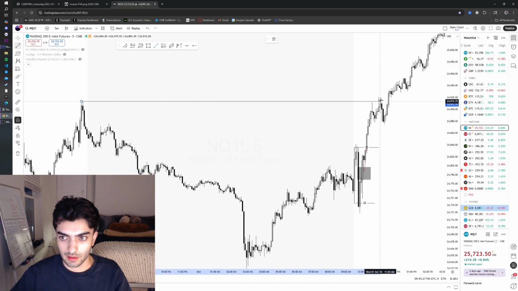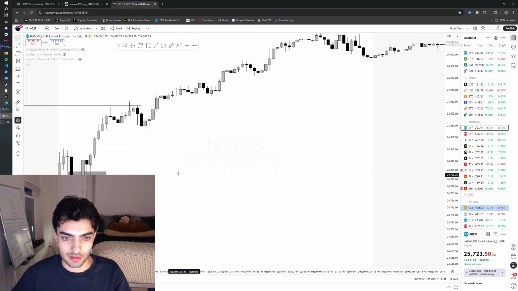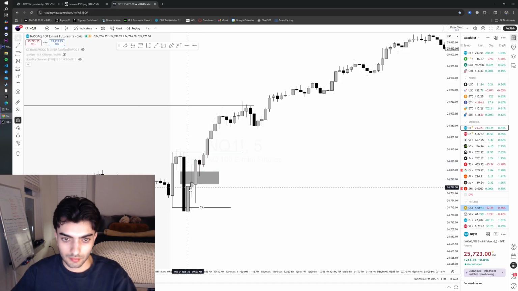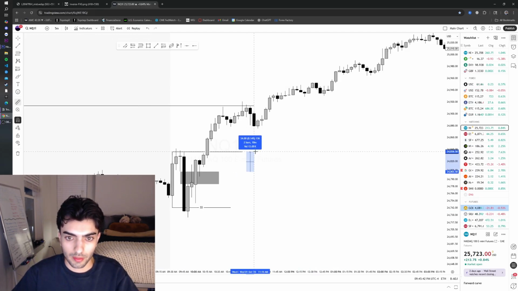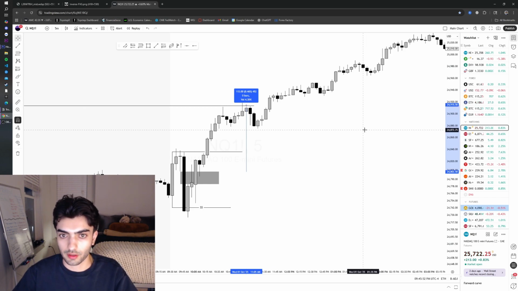We have these highs, these equal highs here. And what does price do? Price goes up to equal highs before moving a little bit back down. So if you did take that trade just to market open, 34 points, that is a respectable $650. And if you were to take it all the way up to equal highs from the previous day, that would have been also around $2.3 thousand off of one contract.